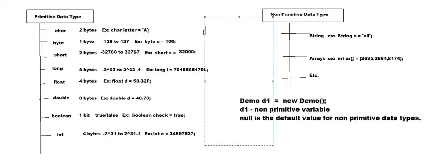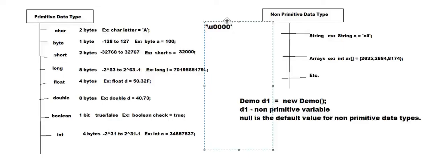For char it is like this: within single quotes, we have a backslash and u with four zeros.